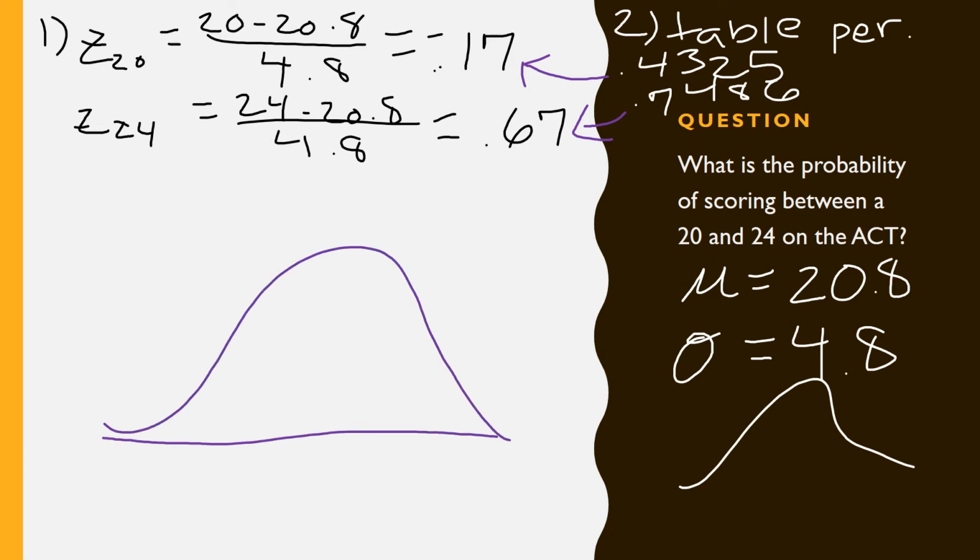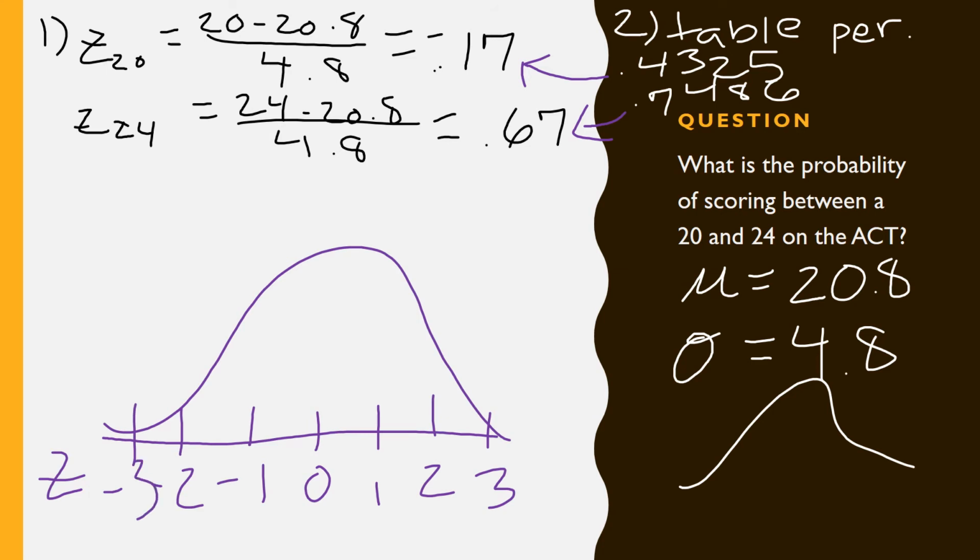And I'm going to put it on a z value, so I have 0 in the middle, then 1, 2, 3 standard deviations to the right, and 1, 2, 3 standard deviations to the left. And then I'm going to put our two z values on here. So we have a negative 0.17 somewhere right here, and a positive 0.67 somewhere right here.